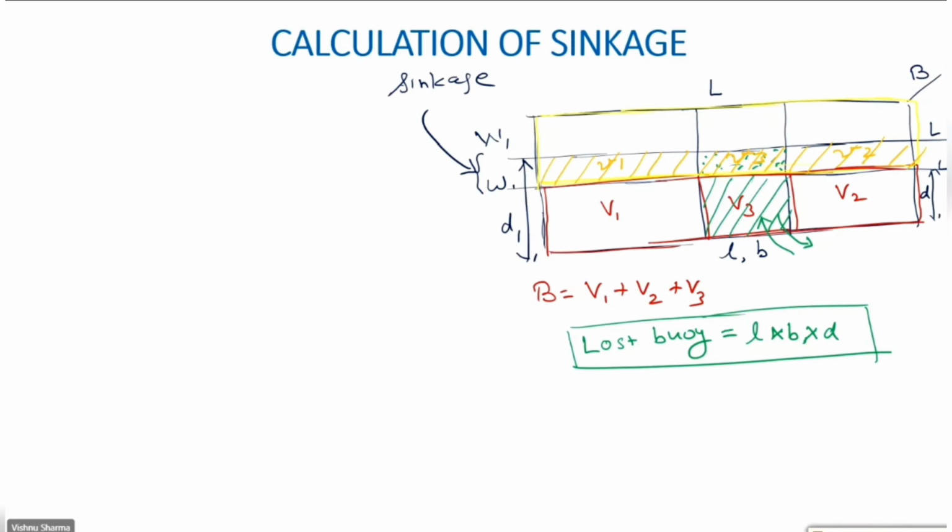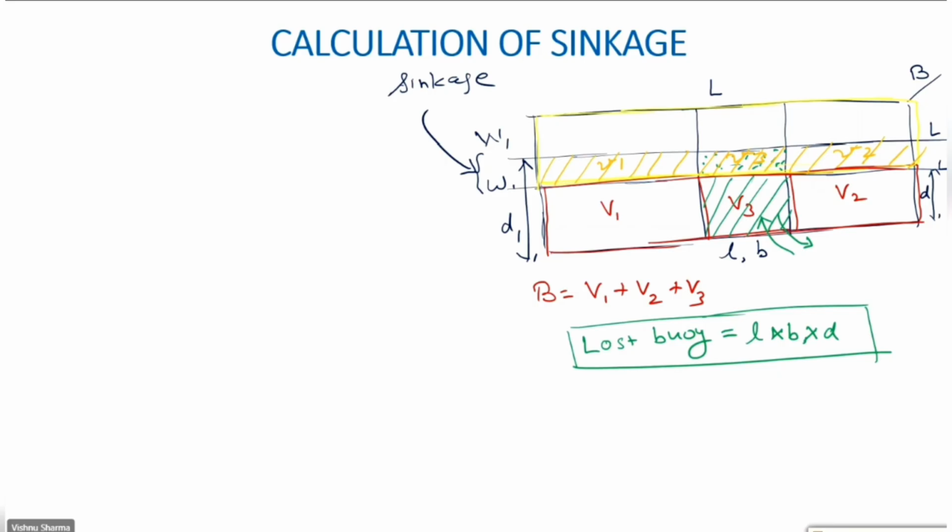Now, out of small v1, v2, v3, in the bilged condition, are all these 3 contributing to buoyancy, or is any one of them not contributing to buoyancy in the bilged condition? Small v1, small v2, and small v3. So small v3 is not contributing. Small v3 is not contributing to buoyancy is the answer. Does everybody agree or does anybody have a doubt? Okay.